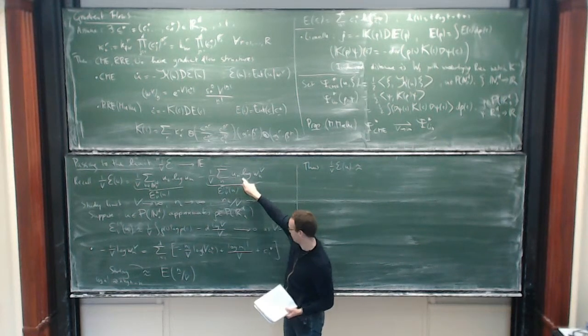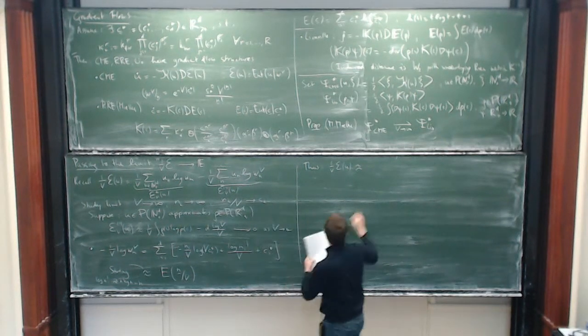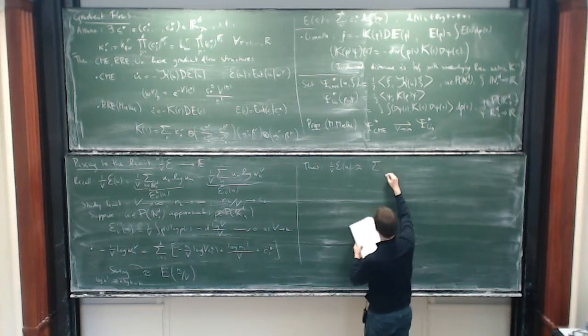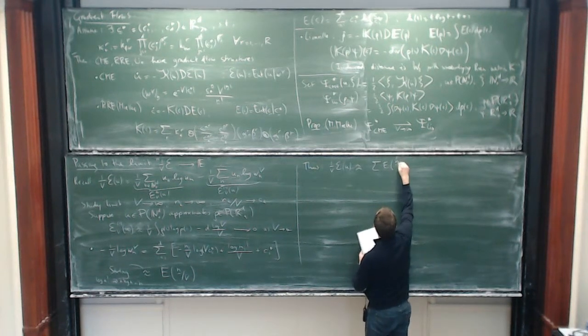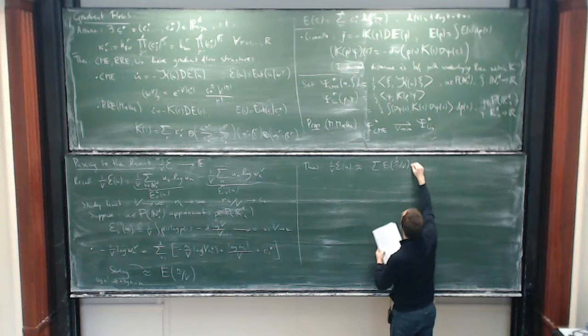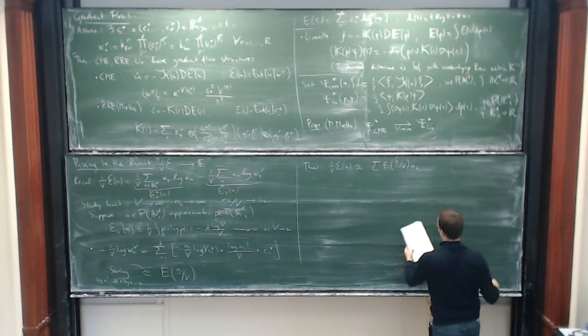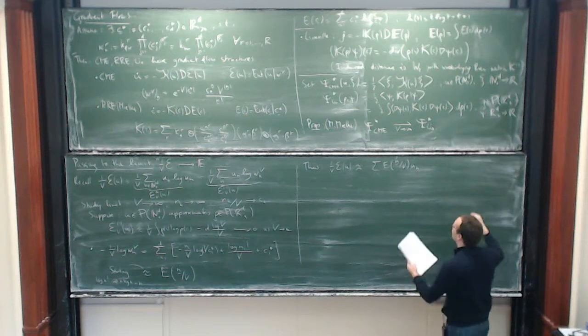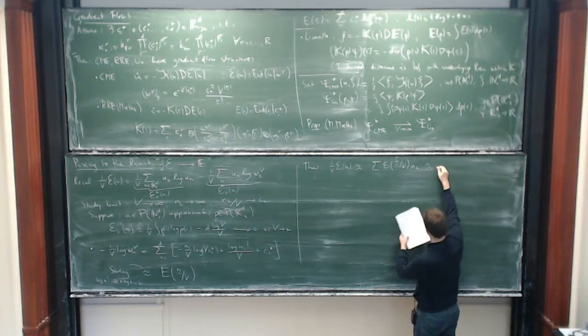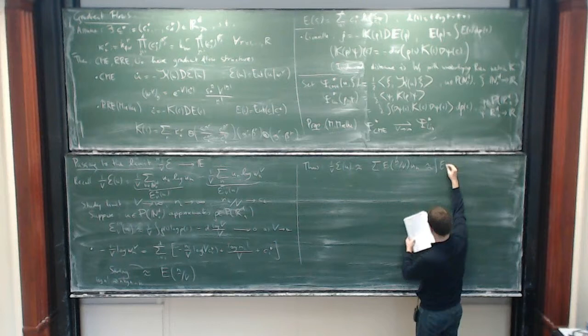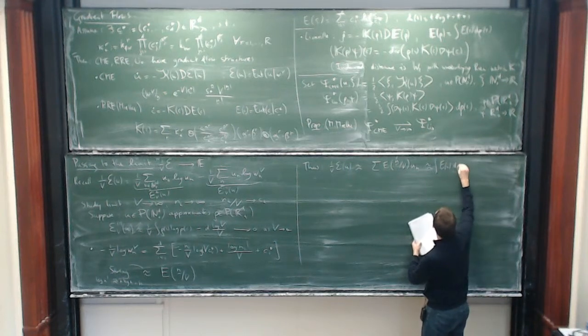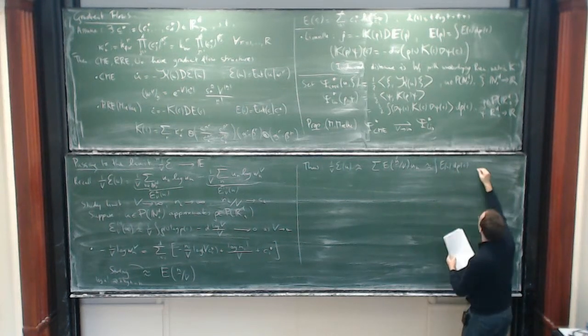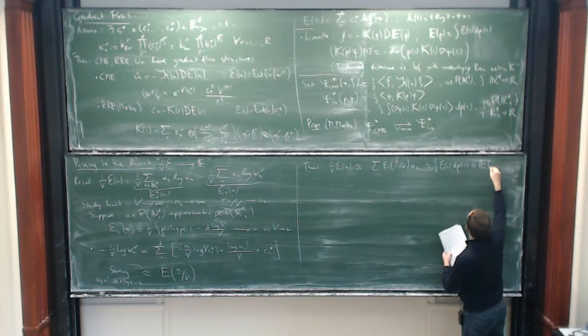So there's this u_n times this guy. So we have this E of n divided by v times u_n. And because u_n is a good approximation of this continuous measure rho, this is roughly the same as E_C d rho, which is the energy at the continuous level.